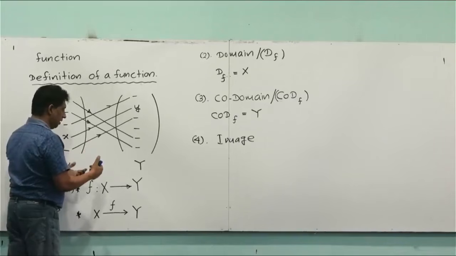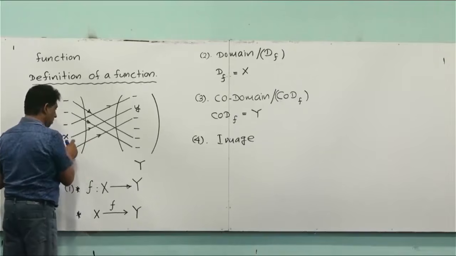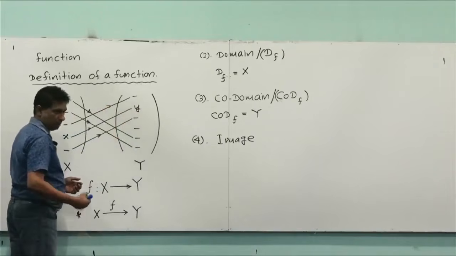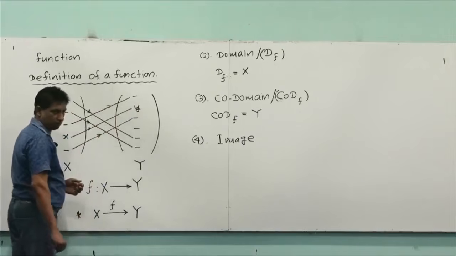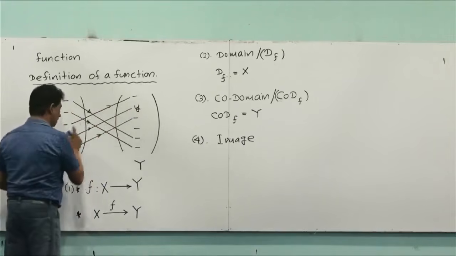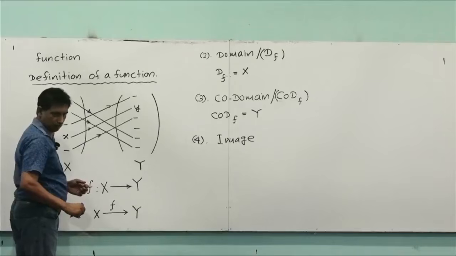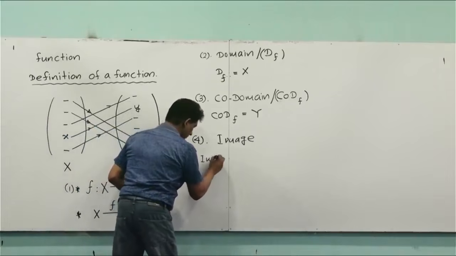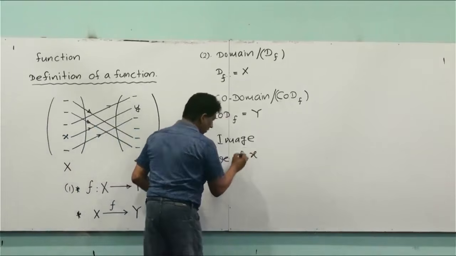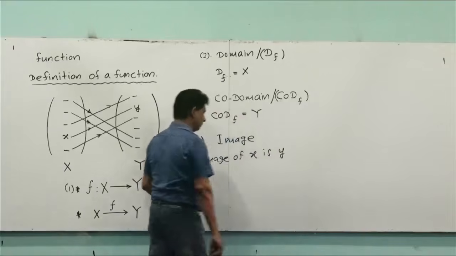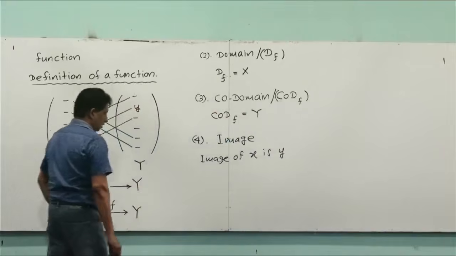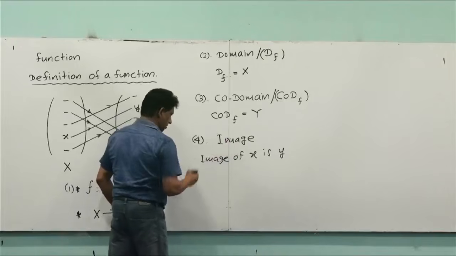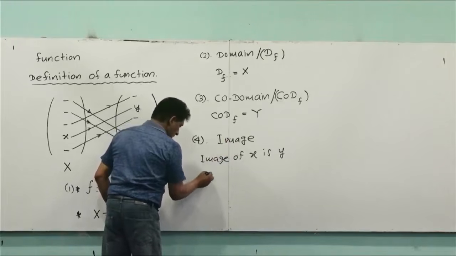Meaning of image: any first set element's corresponding second set element is called this element's image, right? Okay, then image of x is y, right? Image of x is y. Now there is a systematic method to write this.